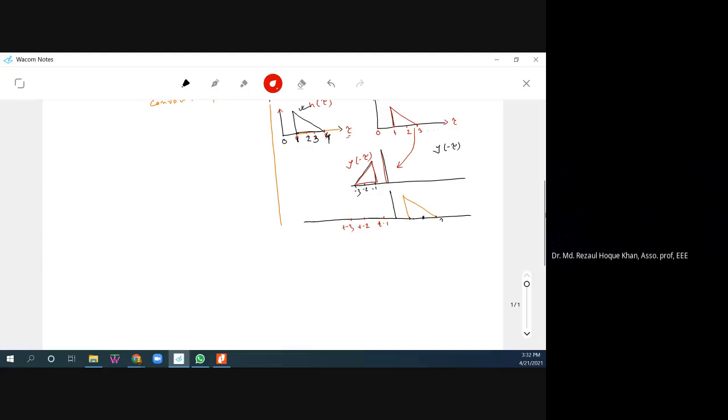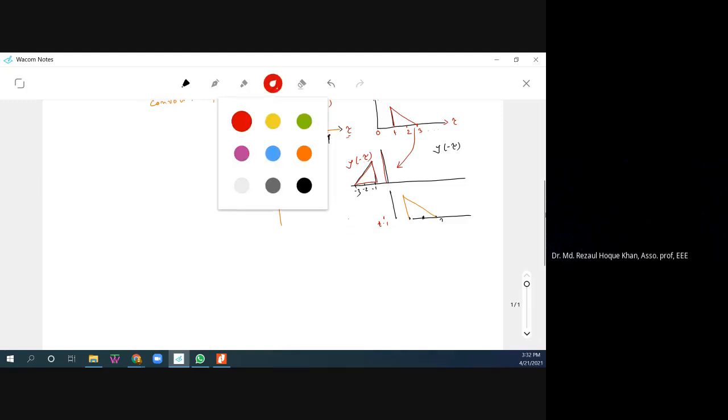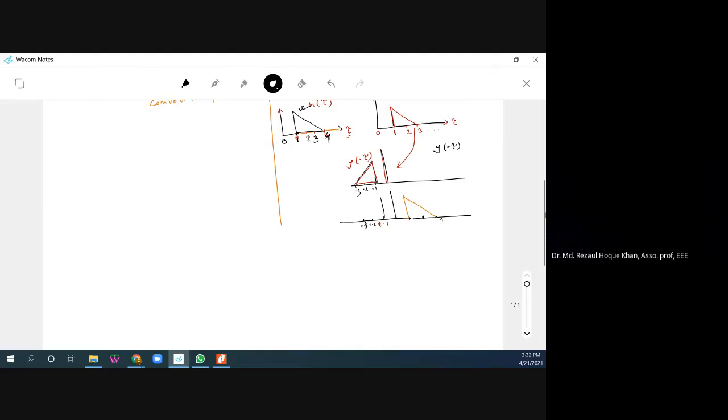The signal is a little bit bigger, sorry, it should be here. So t minus 1 here, t minus 2 here, t minus 3 here. Now this is the signal.